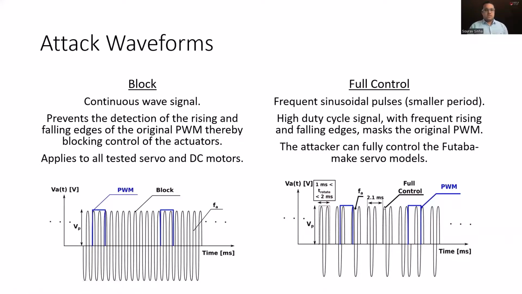These pulses mask the original PWM signal. These signals are basically high duty cycle signals, and the duty cycle is increased by decreasing the period from 20 milliseconds to 2.1 milliseconds. And the attacker controls the actuator by changing T rotate between 1 and 2 milliseconds.